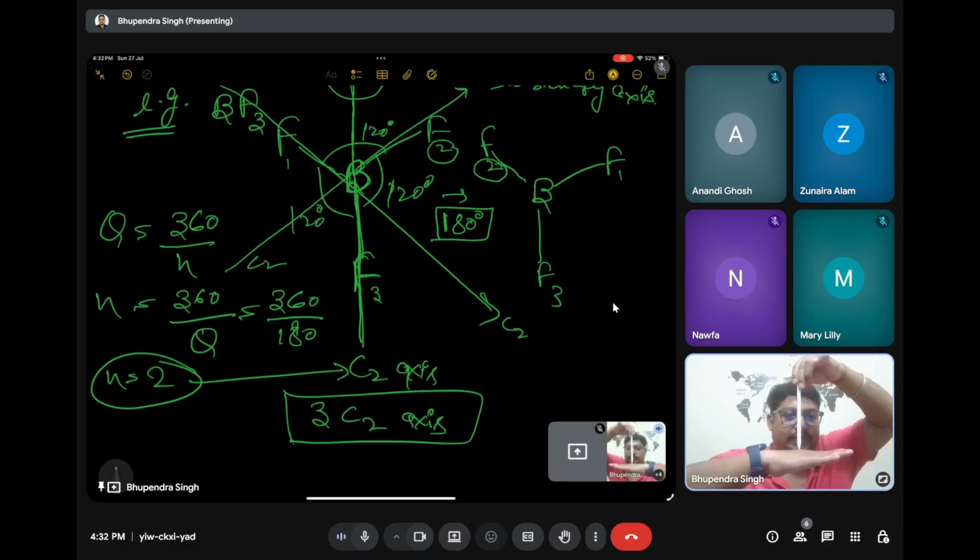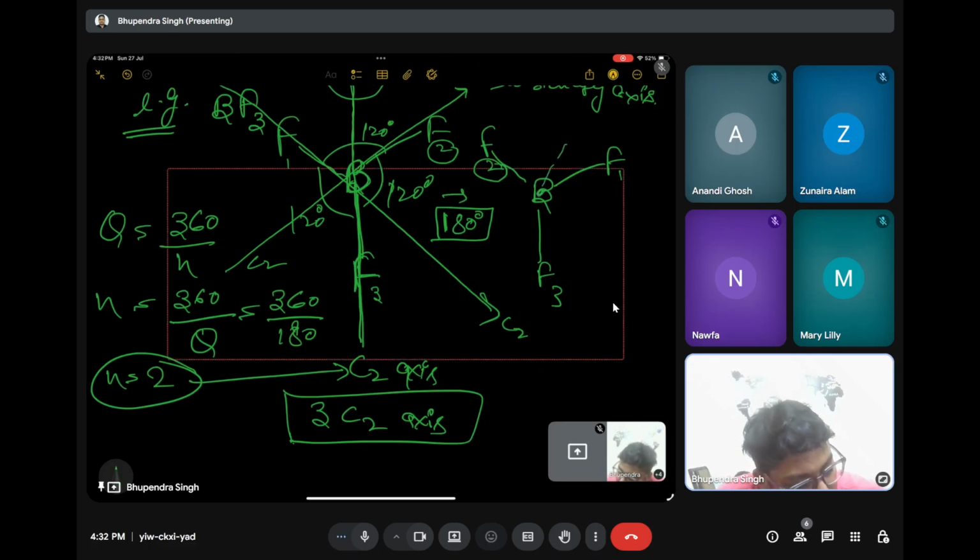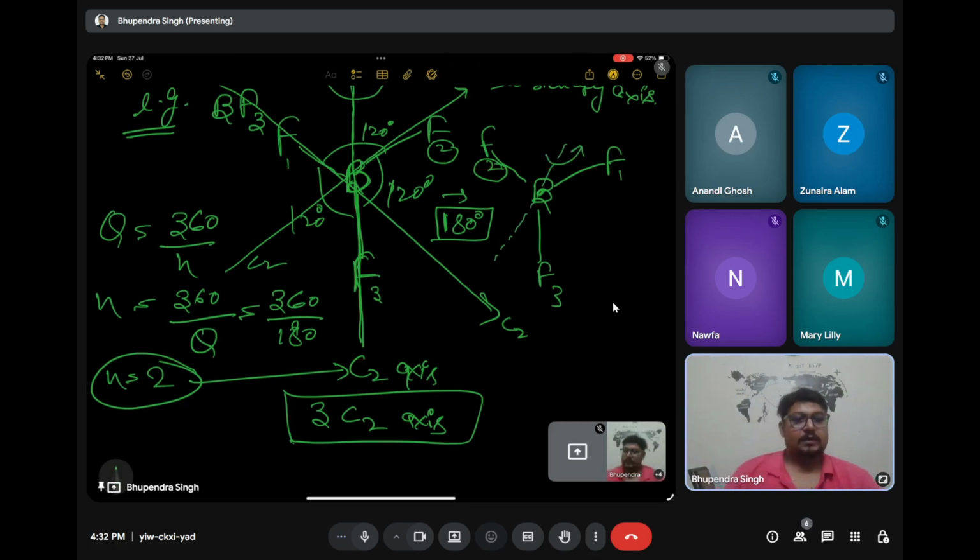If you rotate it like this, now how many atoms will change?